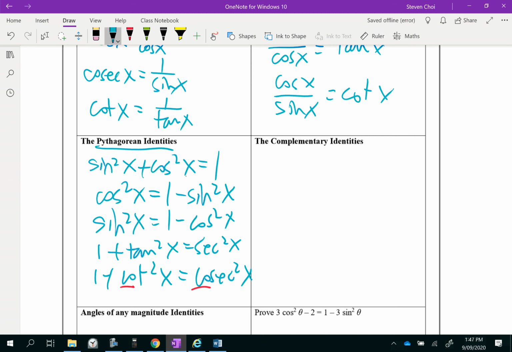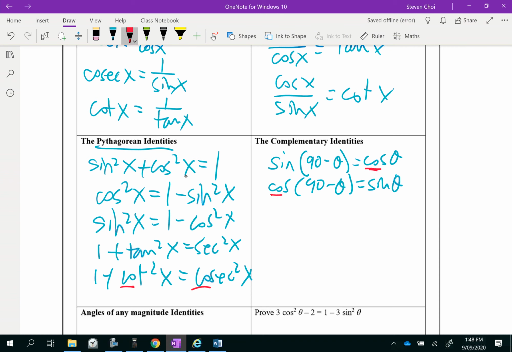All right, complementary identities. These are not used a lot, but will be used sometimes. So this one, cos of 90 minus theta, the cos of the complement, equal to sine. So remember, how do I know these 2? Just remember cosine and sine. Co means complement. That's where the co come from. And what else are there?